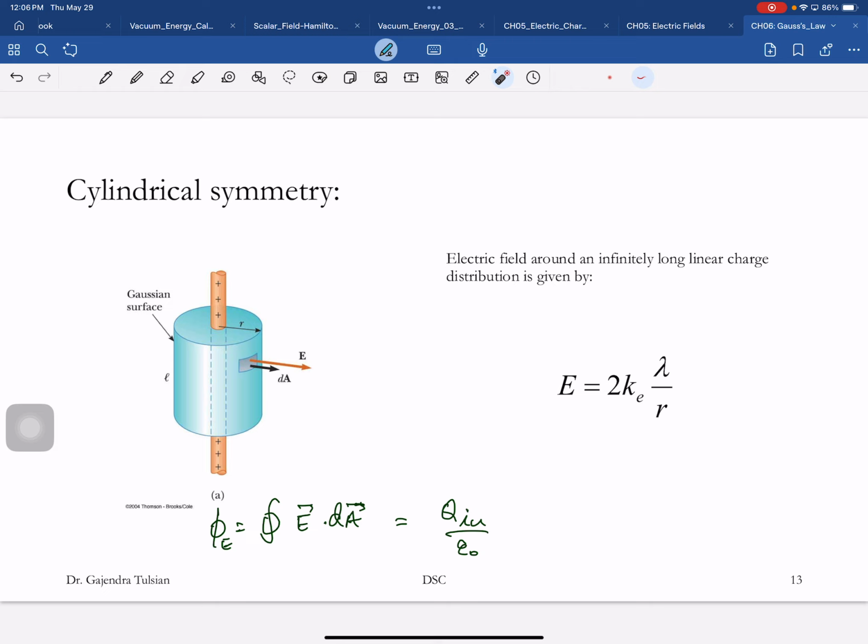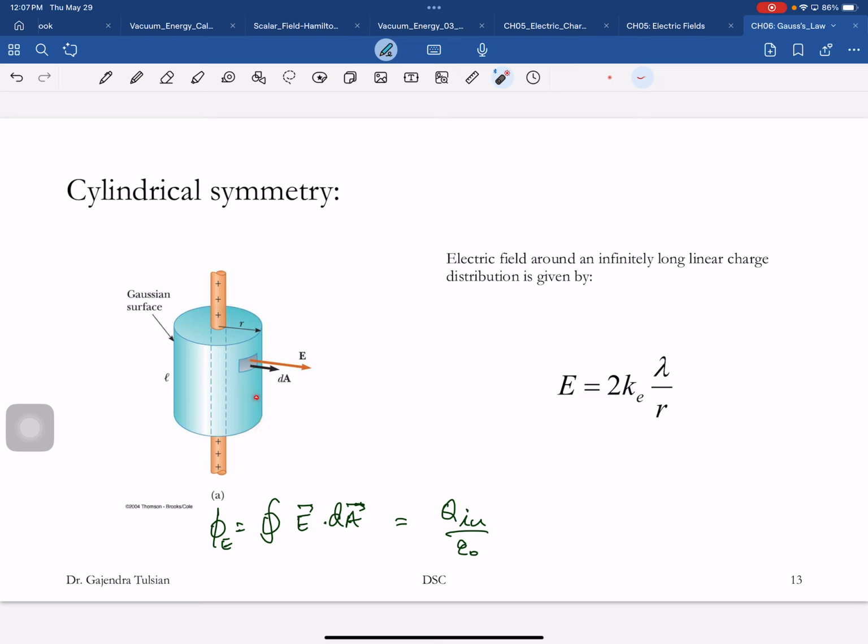All right, so what is this integral? What is the flux through this surface? What is the flux through just the top of the cylinder? 0. What is the flux through the bottom of the cylinder? 0.